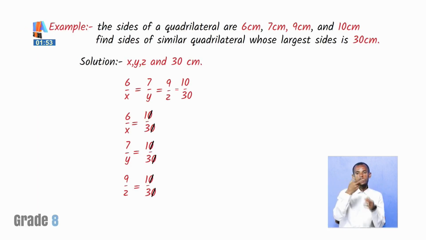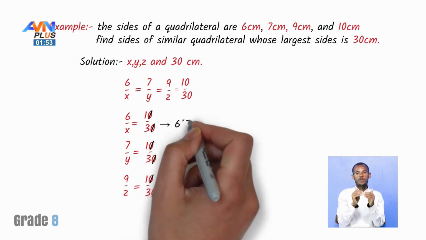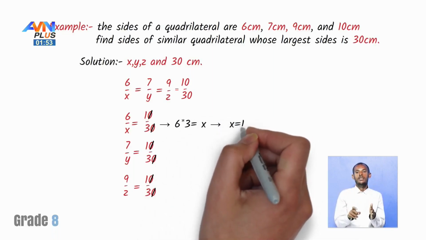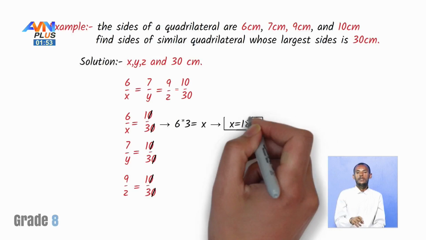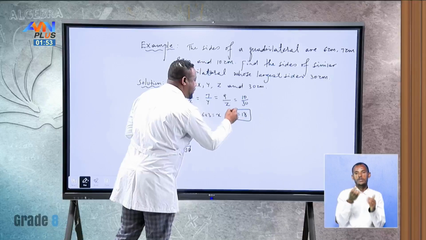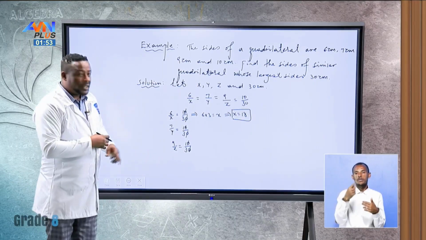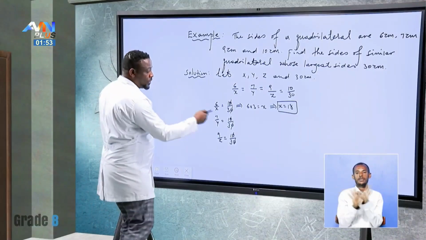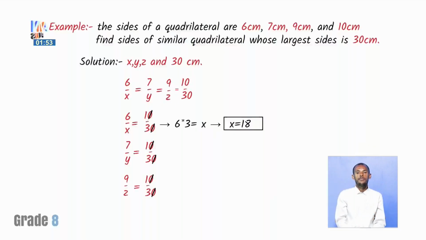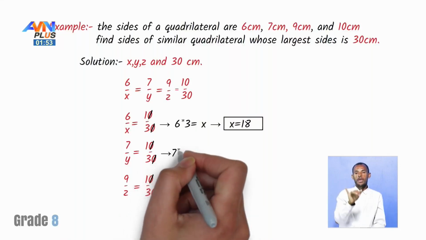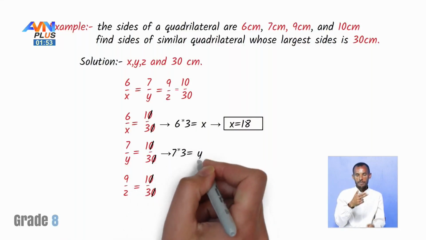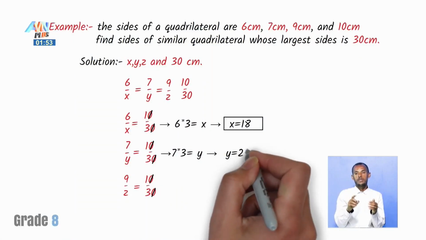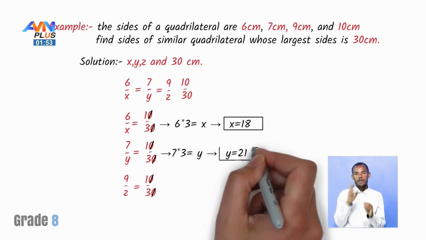6 times 3 is equal to x. So this implies x becomes 18. Okay, so we have one of the sides. The second one, you can use crisscross. Then 7 times 3 is equal to y times 1, which is y itself. So the product of these two numbers is 21.